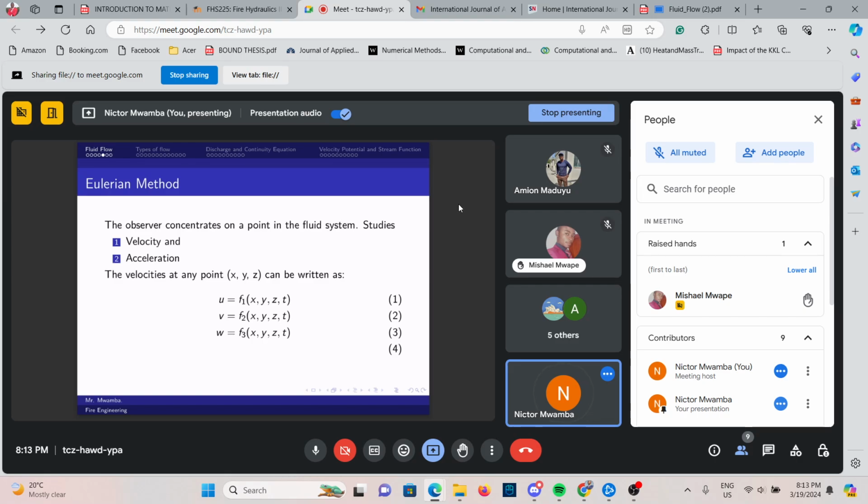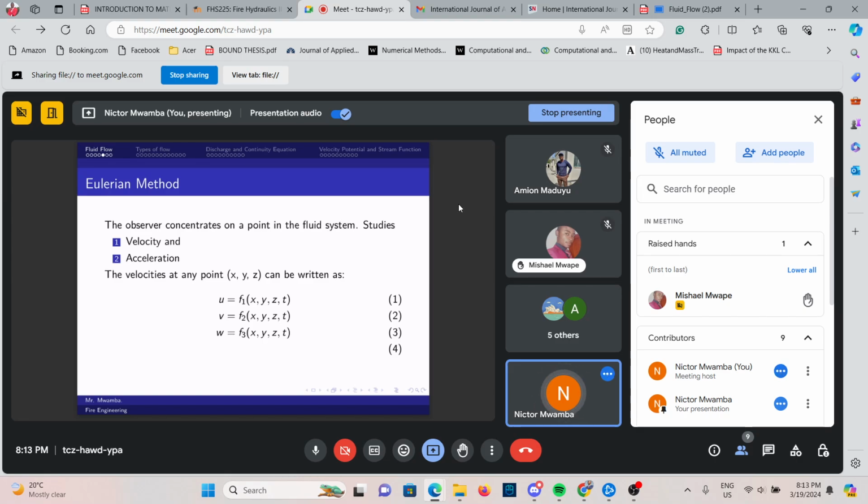So we're saying u is equal to f1 of x, y, z, and t. So we're saying the velocity of this particle of the fluid we're observing is a function of the three space coordinates x, y, and z, because it has to be in space for us to observe it.